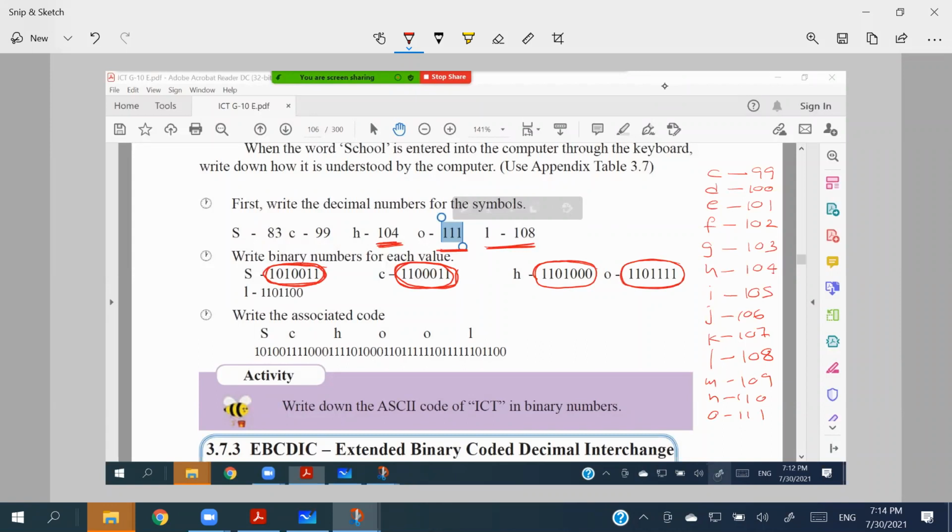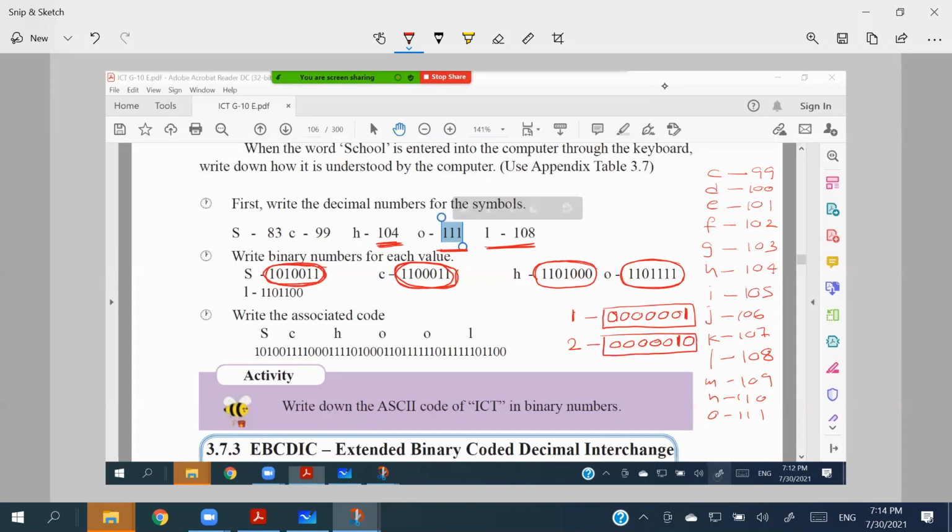Right? 7 bits. For example, if you are asked to represent 1 in 7 bits, you are going to represent it as 0 0 0 0 0 0 1. There will be 6 zeros and a 1. That is how you represent 1 in 7 bits. Right? If asked to represent 2, it's going to be 5 zeros, 1 and a 0.